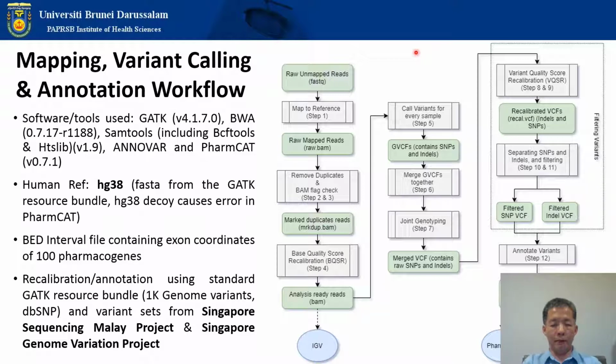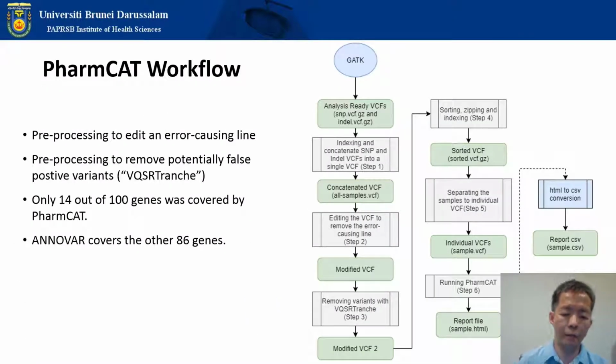Now we think that by including population groups more related to the Malays here, we might be able to improve the accuracy of the variant calling.